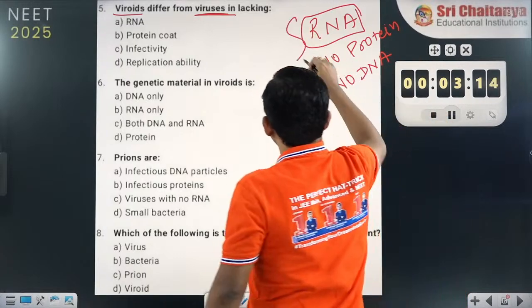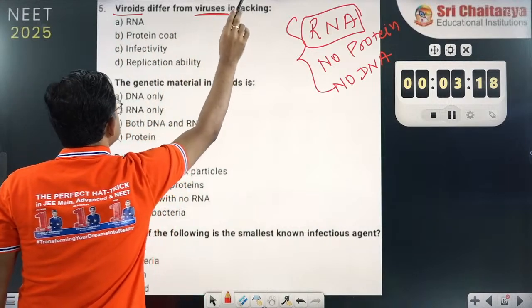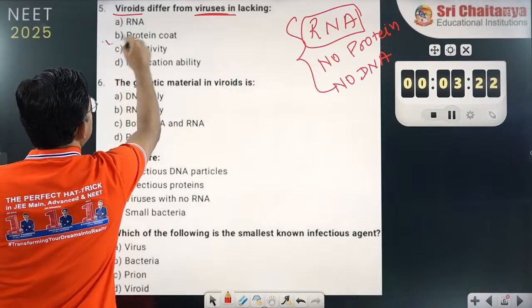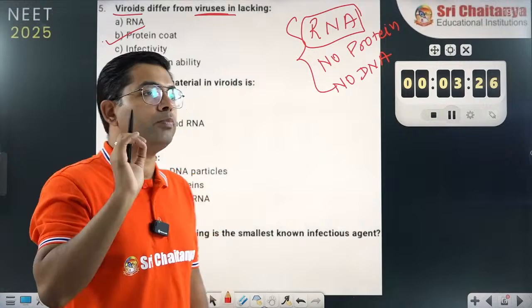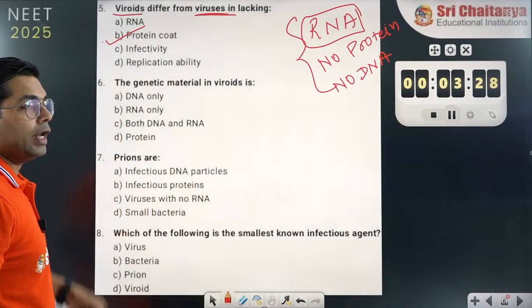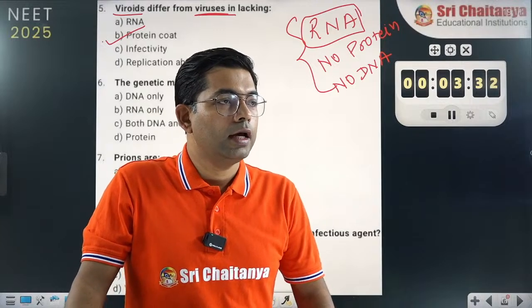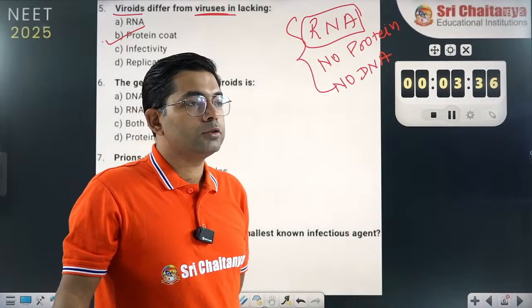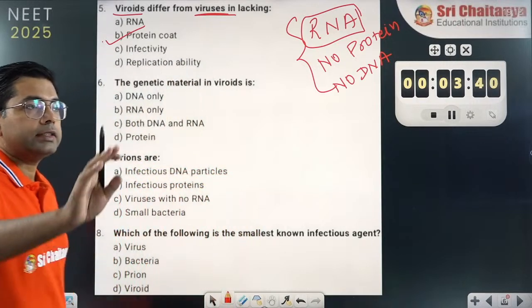So viroid differ from viruses in lacking protein coat. Viroid does not have any protein coat. The fifth correct answer is B. Very good. Sheikh, Lakshmi, lovely. Suresh, very good. So most of you are answering it right.